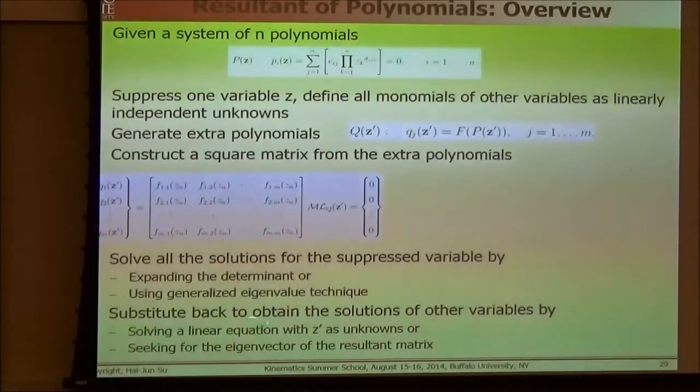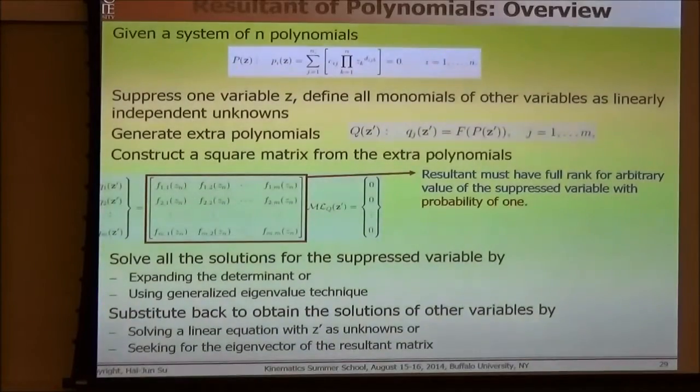And the back substitution is also a linear process, where you can use the eigenvector to solve the other variables instead of doing back substitution. So the key part is this step, and this is the step where you have to validate your matrix. And once you have that, you are done. You are good to go.